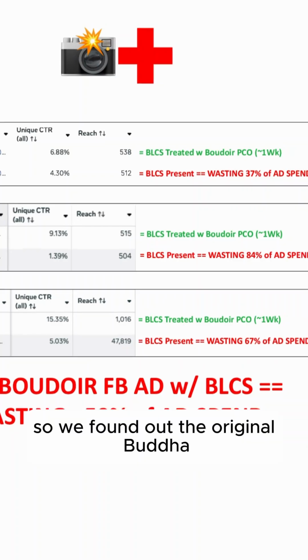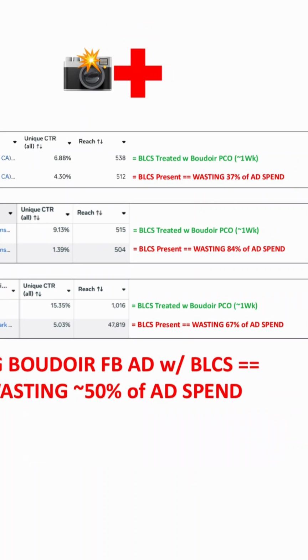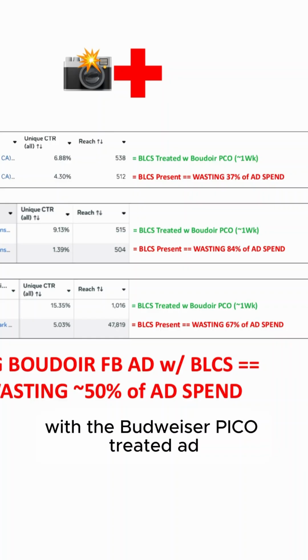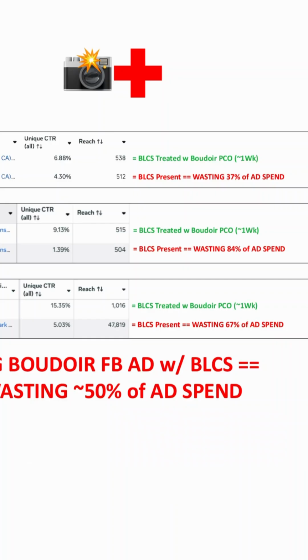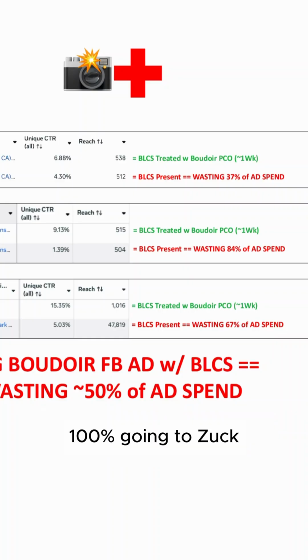So we found out the original Boudoir Facebook ad is wasting 37% of ad spend. That means if they're spending 10 grand a month on the original Boudoir Facebook ad, they now only need to spend 6,300 bucks a month with the Boudoir Pico treated ad to get their ad into the same number of women's brains. So the 3,700 bucks a month is literally doing zero for them. 100% going to Zuck.